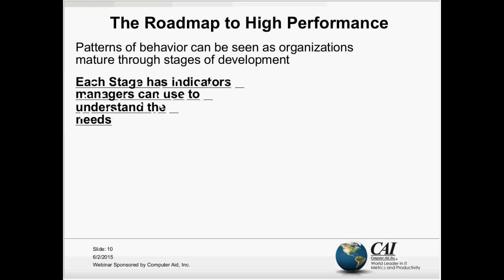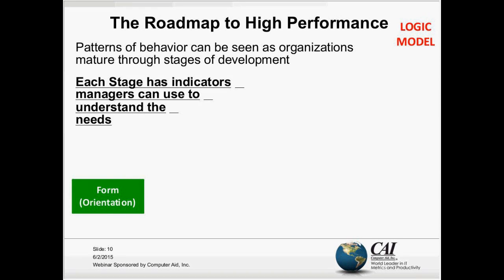Think of it as a journey: each stage has indicators you can use to understand the needs of the individual, the team, and the organization, and help you see where your organization is at and the progress. It's a conceptual logic model of organizational growth.